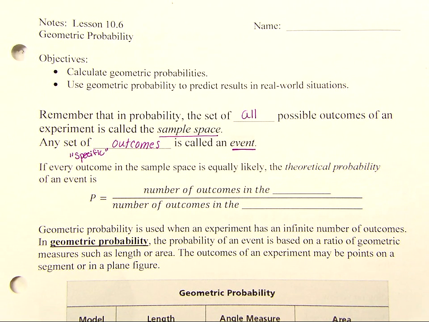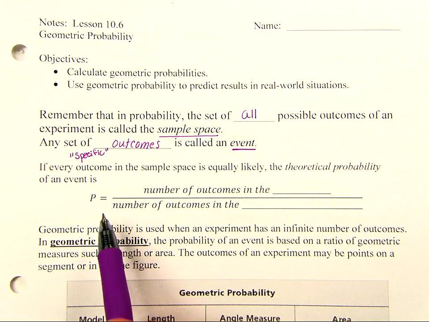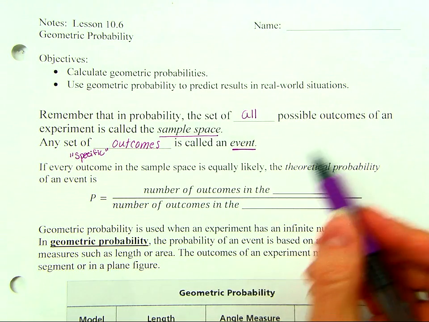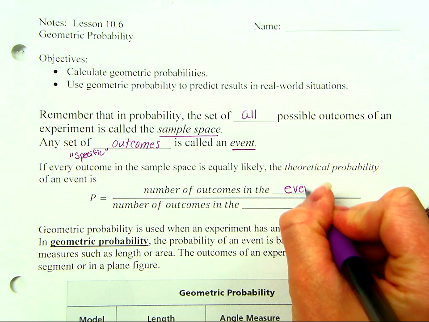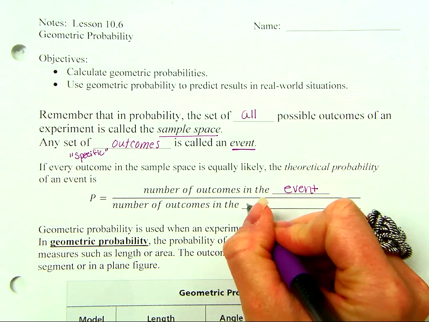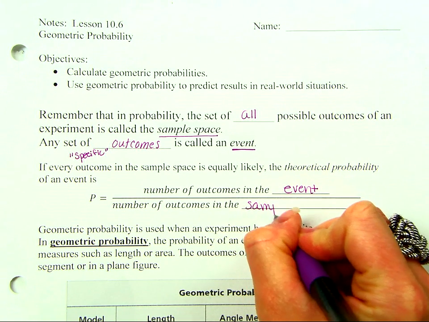If every outcome in the sample space is equally likely, the theoretical probability of an event is given by the ratio of the number of outcomes in the event compared to the number of outcomes in the sample space.